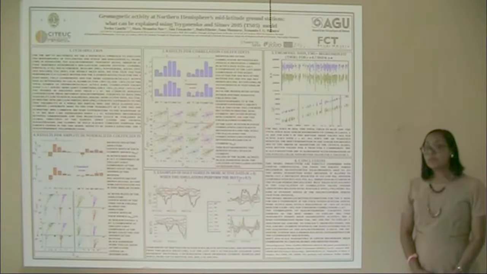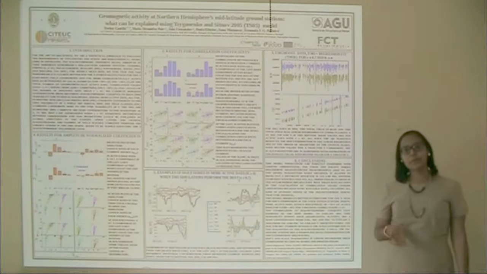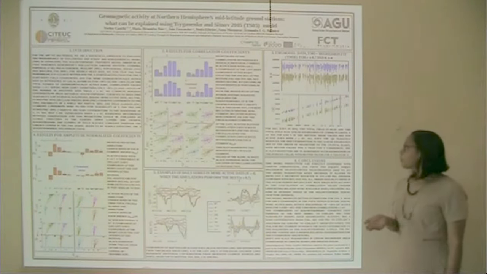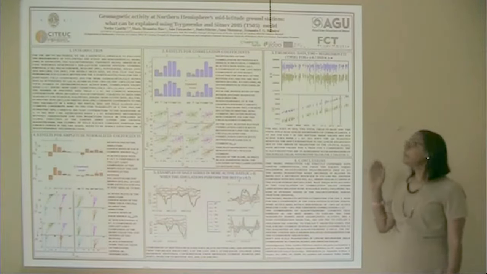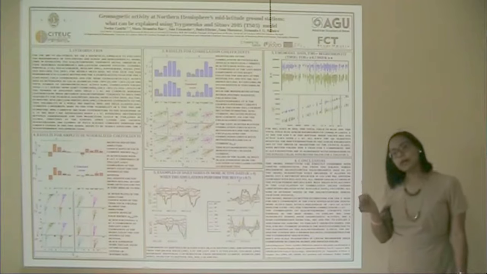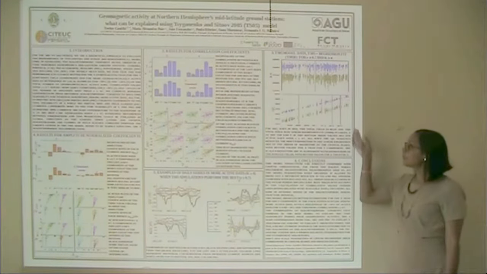At the top right panel, we can see a plot of the TS05 model total field in blue, data in red, and a TS05 plus a linear regression fit, the TS05R, in green.